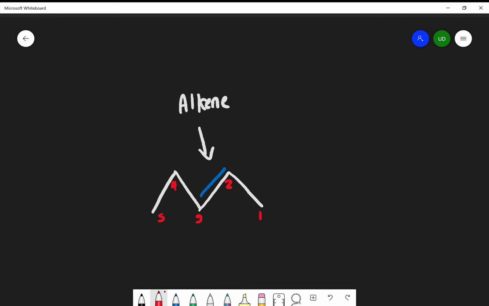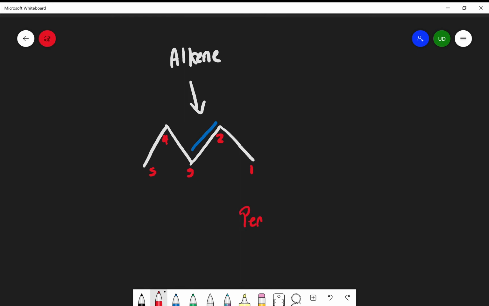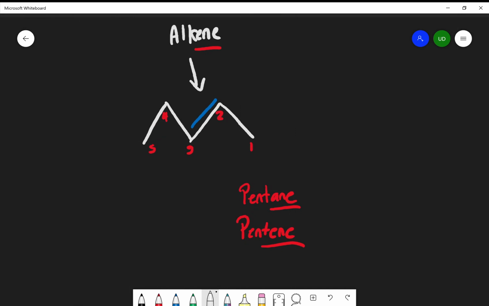So in knowing that, you will know that you have a functional group. And so instead of saying the parent group pentane, it would be different. The ending would change into ene. So our parent group would be pentene. We're not finished yet.